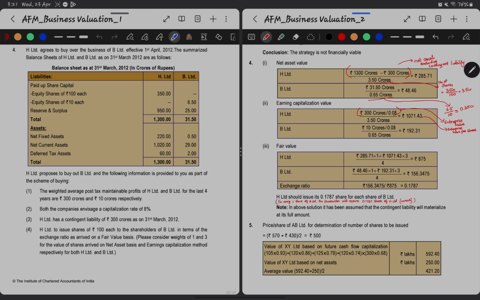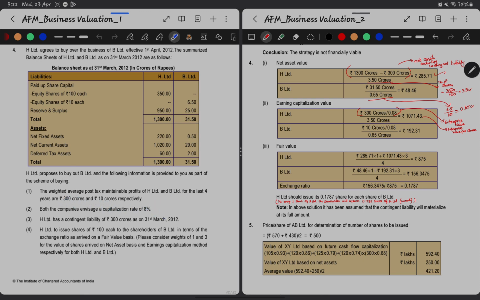Okay, so 1300 minus 300 divided by 3.5 will give us 285.71 as the per share value of H Limited under the net assets method, and for B Limited it is 48.46. In case of earnings capitalization value, this is nothing but, as I previously told, the weighted average post-tax maintainable profits, in our case future maintainable profits, divided by the capitalization rate.